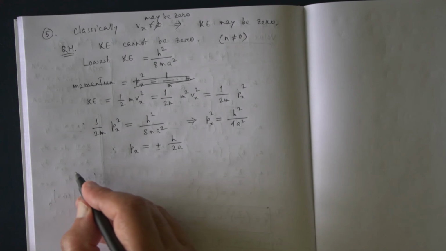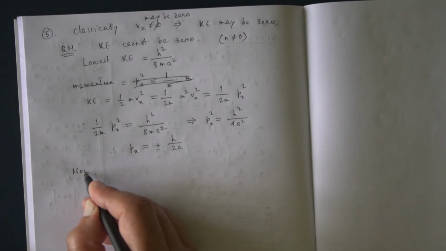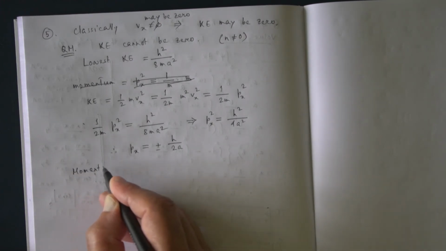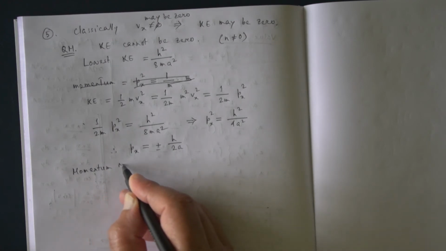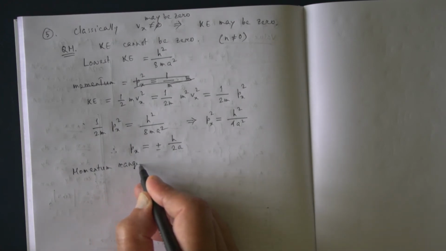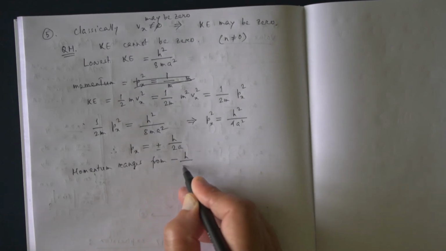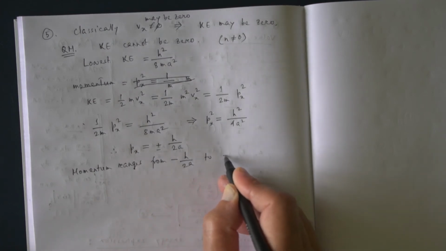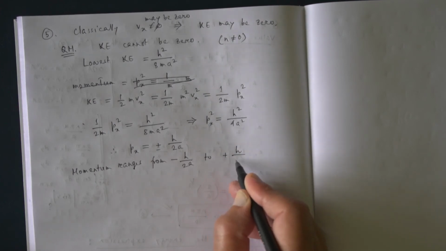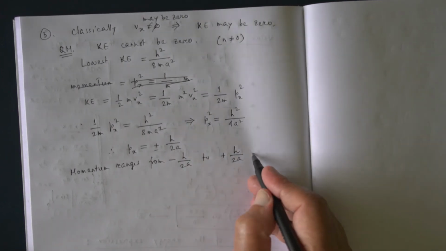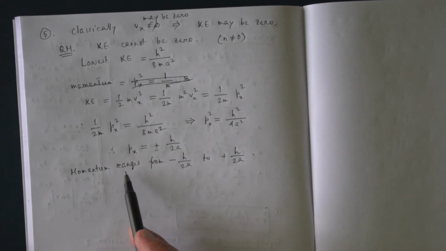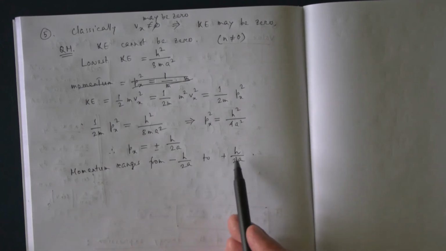Momentum ranges from minus h by 2a to plus h by 2a. Value of momentum may be any within this range.